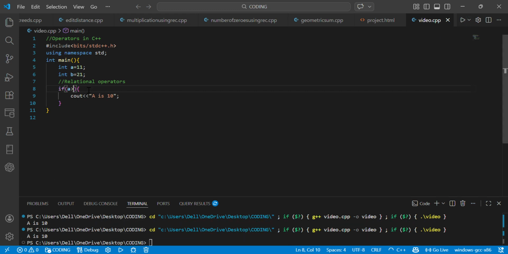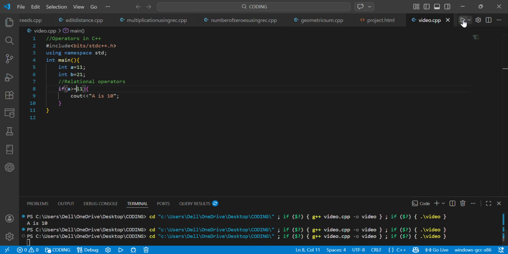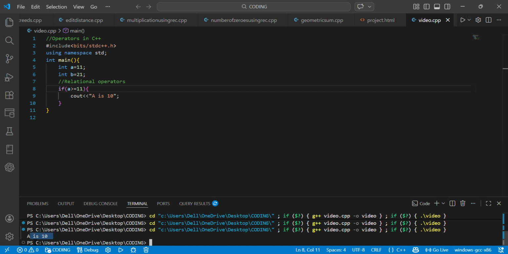If I use a is greater than 11, see, nothing happens. If I use a greater than equal to 11, we know that a is equal to 11. See, the output is a is 10. It is greater than equal to, greater, another is less than equal to, these type of operators.